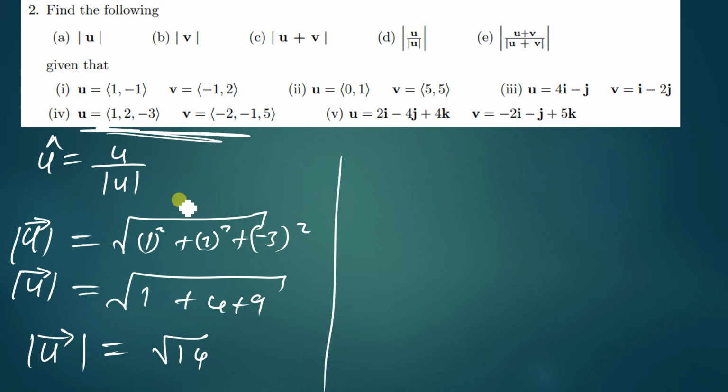So now let us find the modulus value, or the absolute value, or the magnitude of this same unit vector. That's what D is asking us to find. Let us find the unit vector first before we find the magnitude.